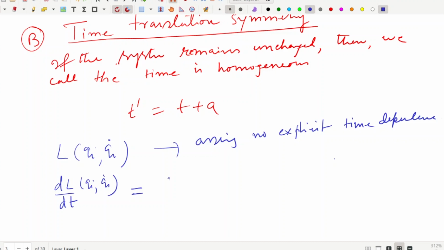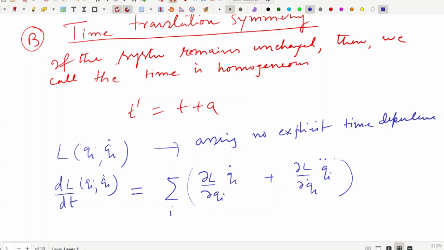Okay. So, now again using the differentiation chain rule, I have to differentiate with respect to q_i and then q_i dot and sum over all i, plus del L/del q_i dot times q_i double dot. So, this will be my dL/dt.